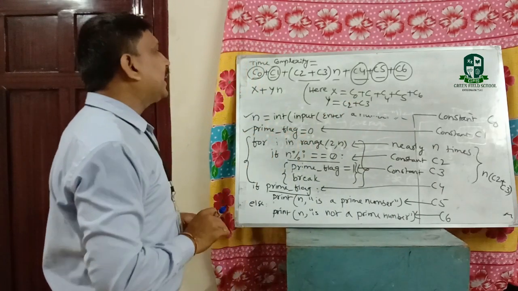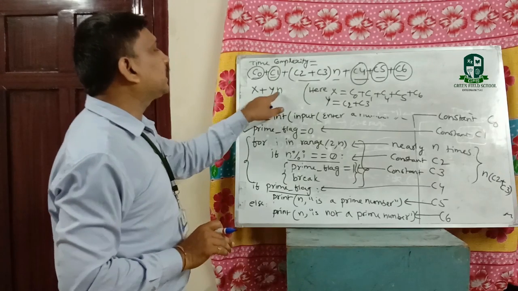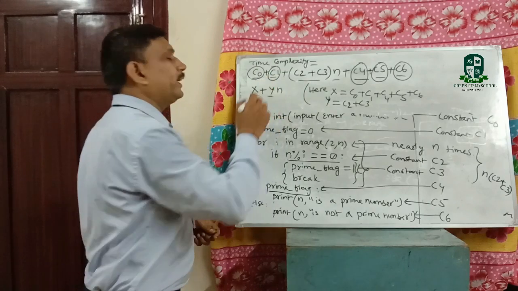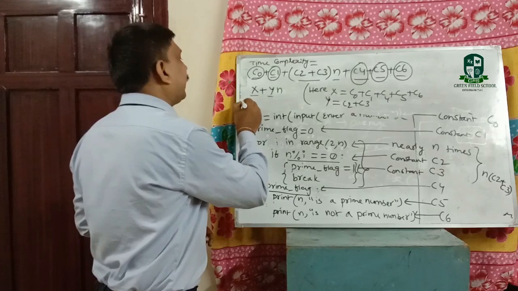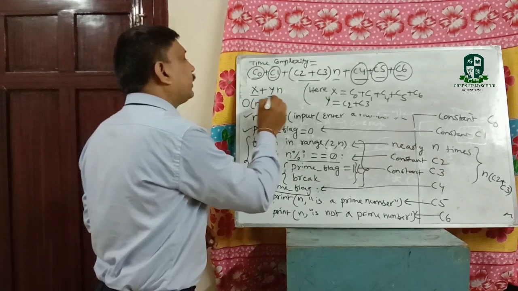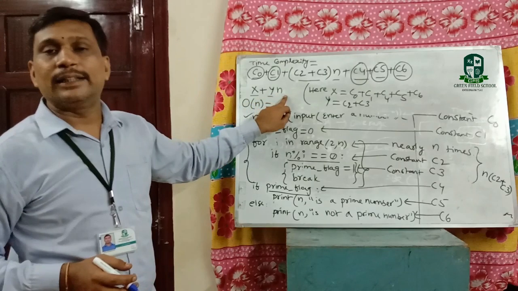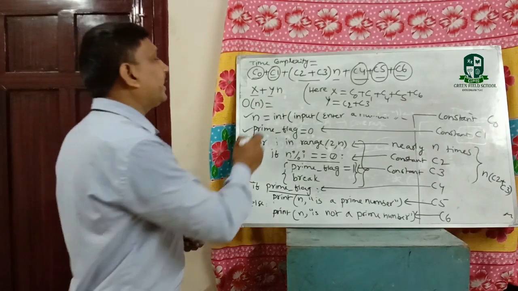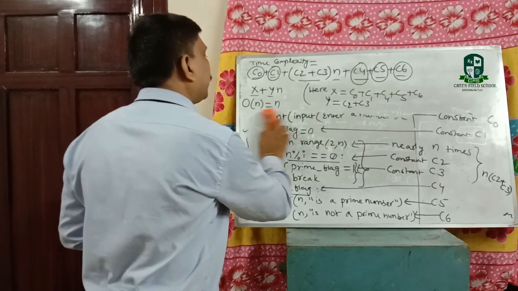So the time complexity of this algorithm is x plus y into n. Here x is a constant and y is a constant. Then the total time is order of n. We consider only constant plus constant into n, so we take only the dominant term, that is n.